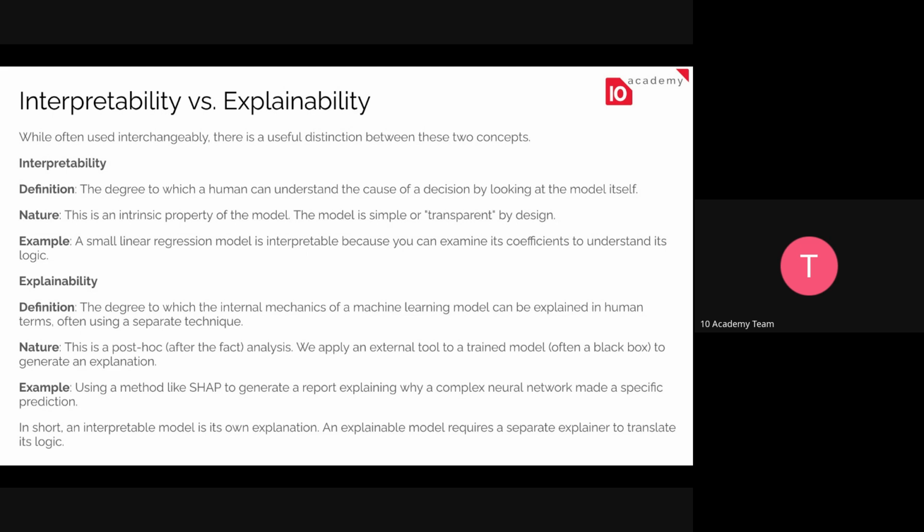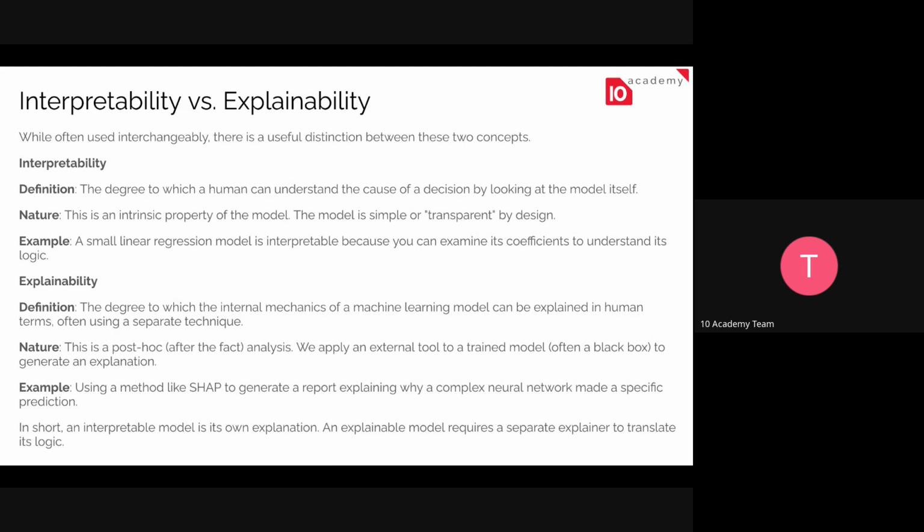It's half right, I would say. For the post hoc case, you are correct. After the decision is made, you can look at the individual decision and try to see why that decision has been made. But for the black box, you are correct. For white box models, it's interpretability, which means the explanation is the model itself.